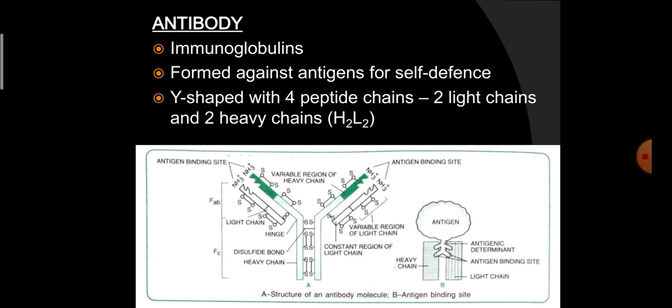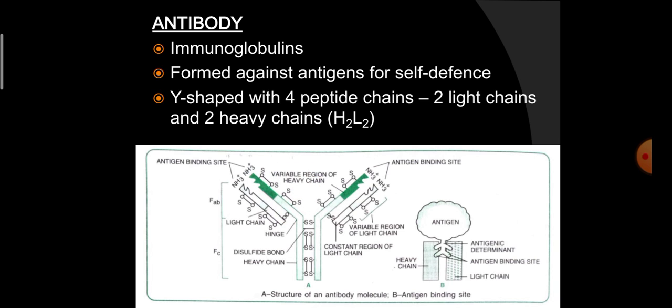All these chains are joined together by disulfide bonds. How are the light and heavy chains joined? They are joined by disulfide bonds. You can see here they have disulfide bonds.